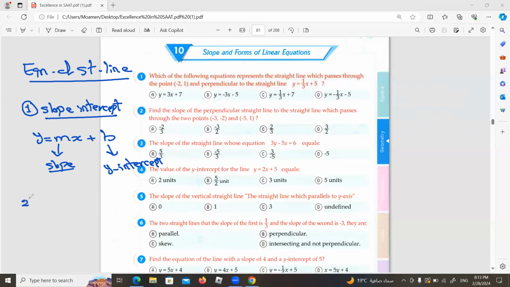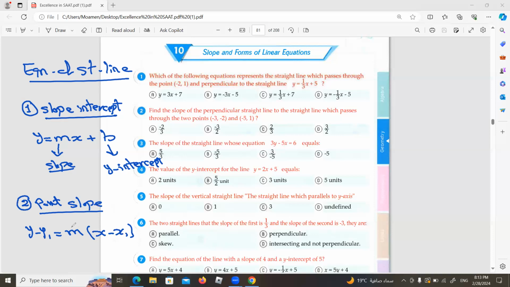Okay, the second form is called the point-slope form. What is the point-slope form? The point-slope form is y minus y1 equals m times x minus x1.